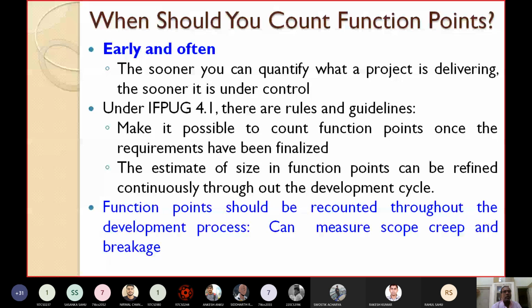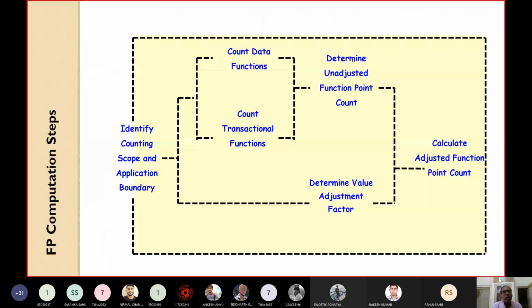These are the steps which will be used for function point computation. Let's see what the steps are. First, you have to identify the counting scope and application boundary. What is the scope of your application? What is the boundary of the application?